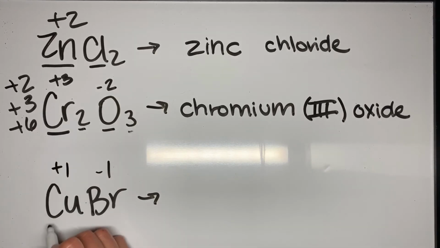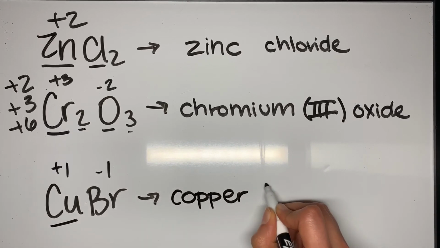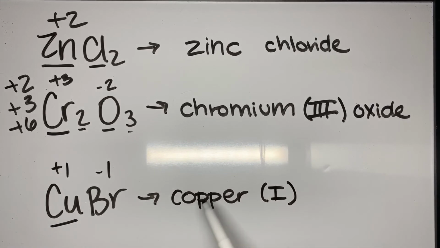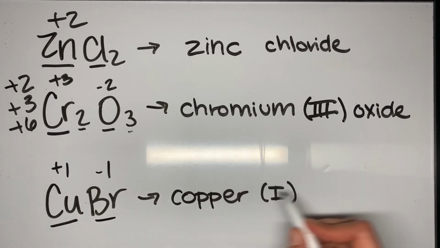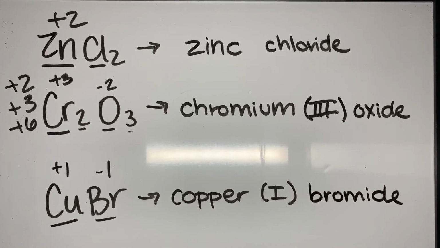So when we write the name of the metal, it is copper. We put its charge in Roman numerals. So this is telling the reader that copper is a +1, in this case, not a +2. And then we put the name of the nonmetal with the IDE ending. So this would be copper(I) bromide.